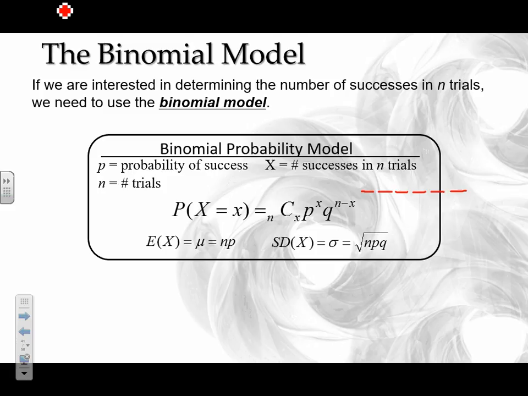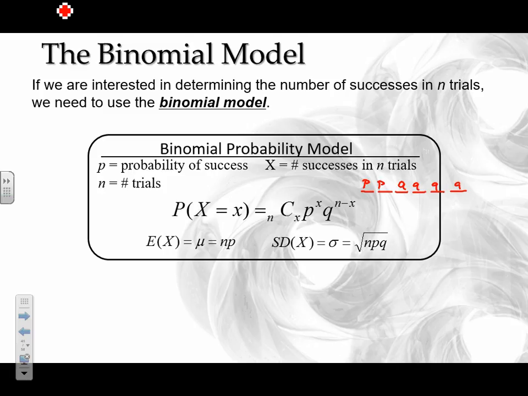Well, if I want to calculate the probability of getting 2 successes in 6 trials, that probability of success could be my first 2, which means the rest all have to be Q's. I've got the probability of success times the probability of success times the probability of fail times the probability of fail, and so on. But like we just talked about, there's numerous ways for this to occur. So that's why we have this first part, the nCx.